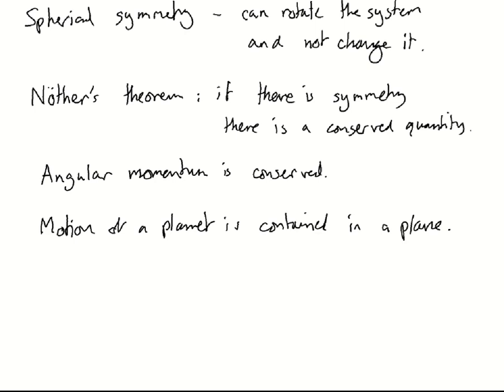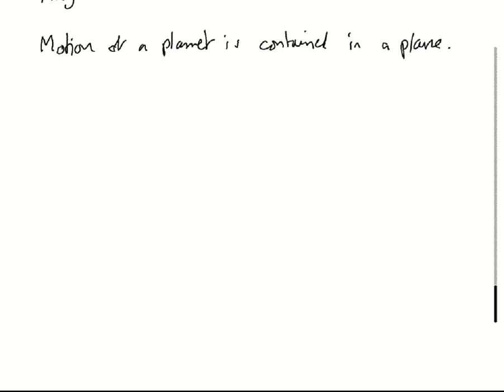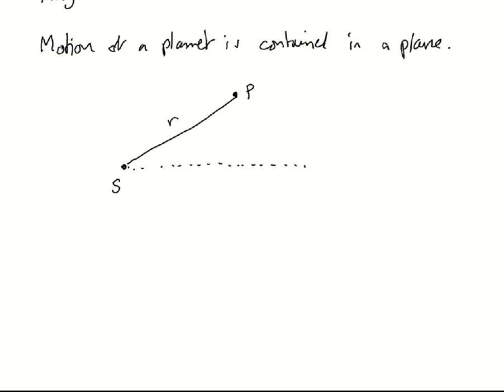So everything's contained in a plane, and that actually makes things simpler for us because we can now start using a coordinate system. So here is my sun. Here is my planet P. The distance between them is r, and I can put an arbitrary line and call the angle theta.